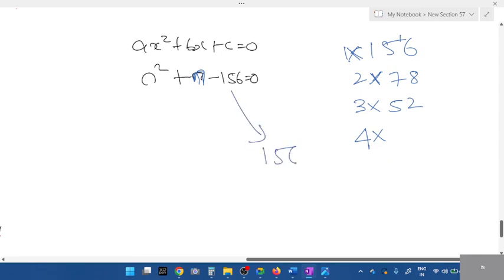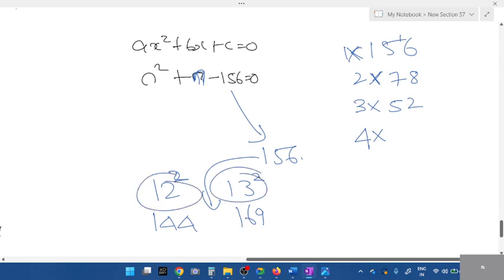Remember this. 156 is close to which perfect square? How much is 12 square and 13 square? 144 and 169. Isn't it close to 144 and 169? So just remember this logic. Take 12 and 13. What is 12 into 13?